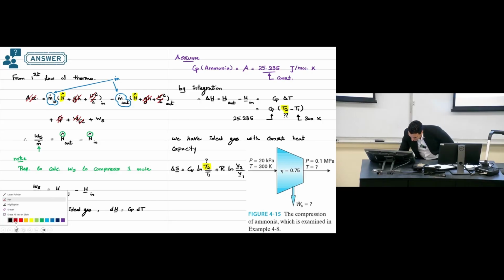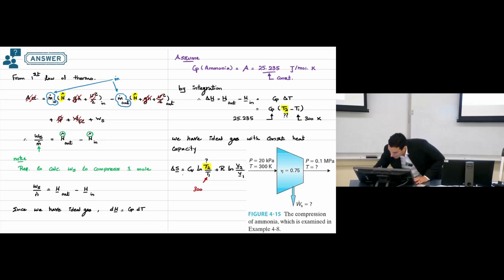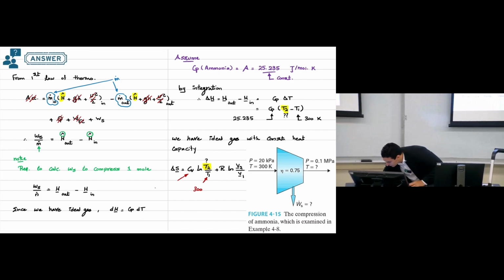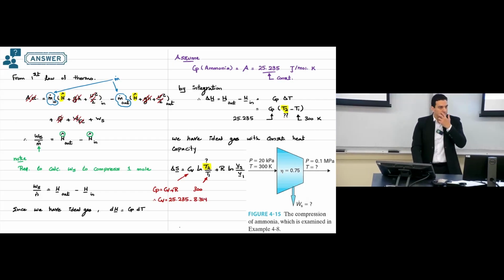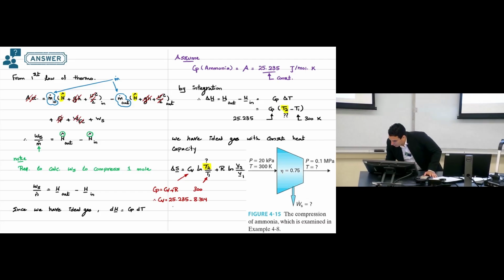But what else do we have in this equation? We have T1, this is 300. We have Cv, we can find it, because we know that for ideal gas, Cp is Cv plus R. So Cv will be Cp, 25.235, minus 8.314. So we have the value of Cv. Then we can have the molar volume.